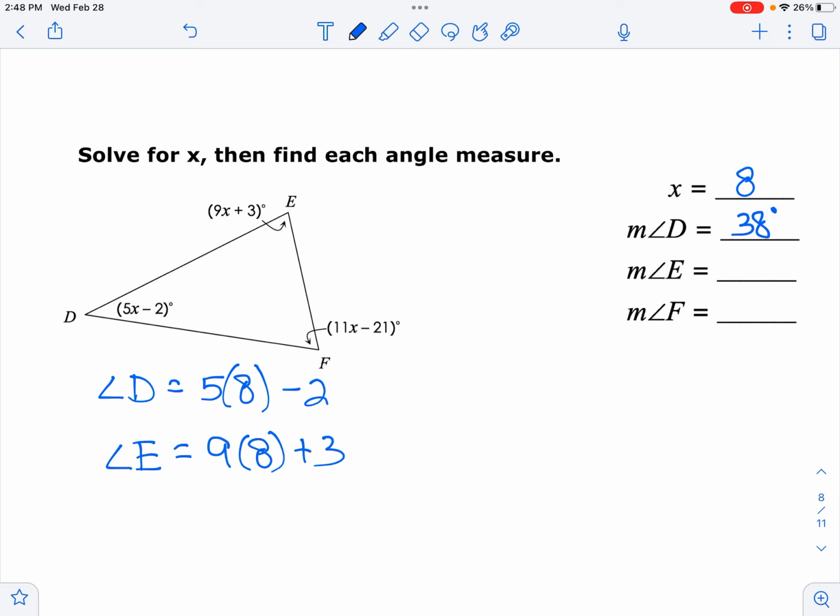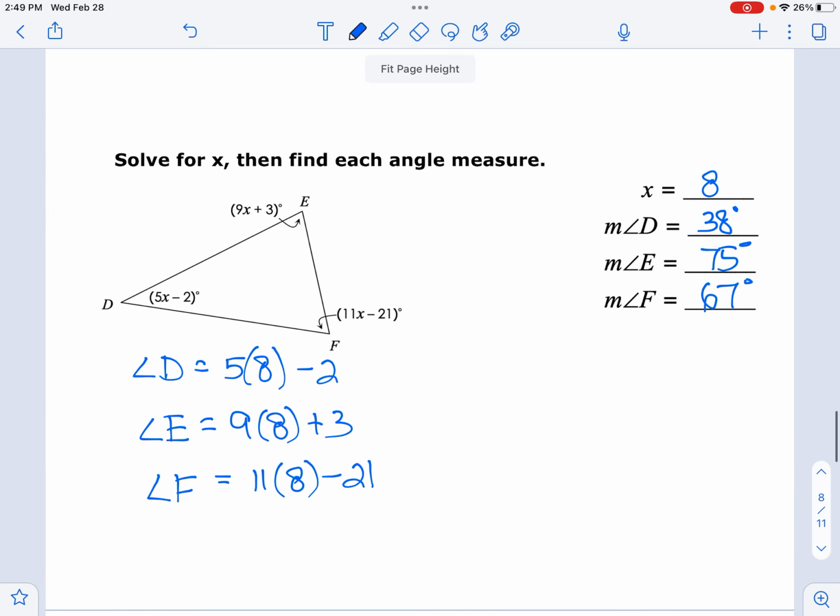So that's 72 plus 3 is 75. Okay. And then angle F is equal to 11 times 8 minus 21. So that's 88 minus 21. That would be 67 degrees. All right, and we have found those.